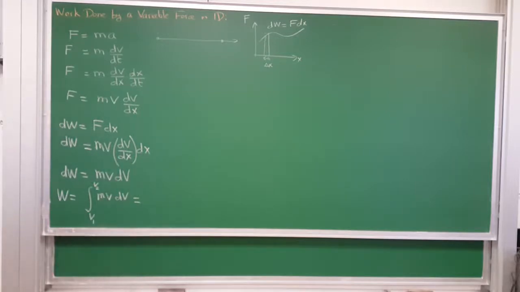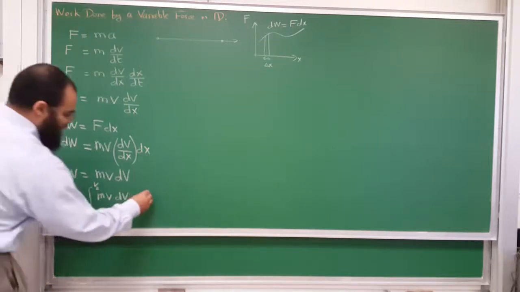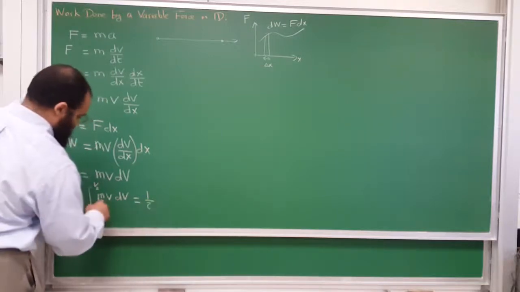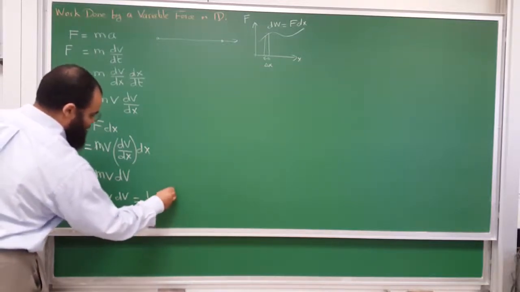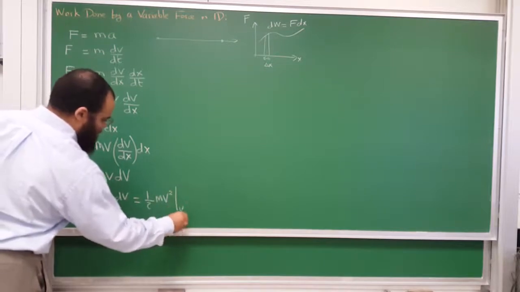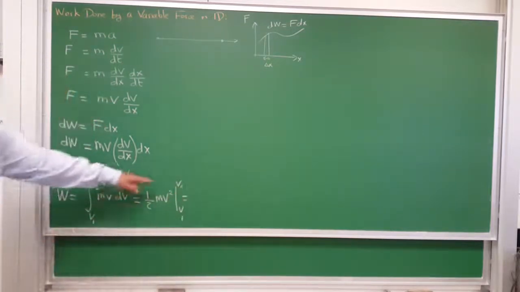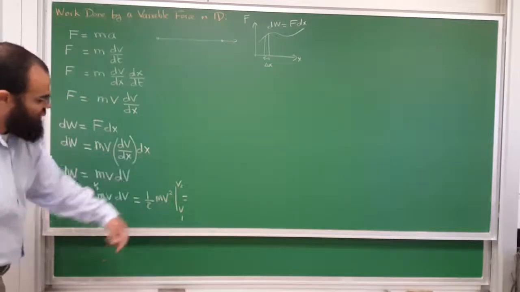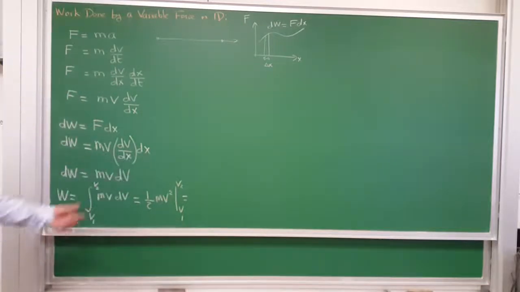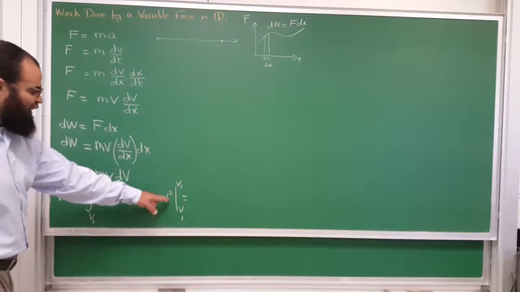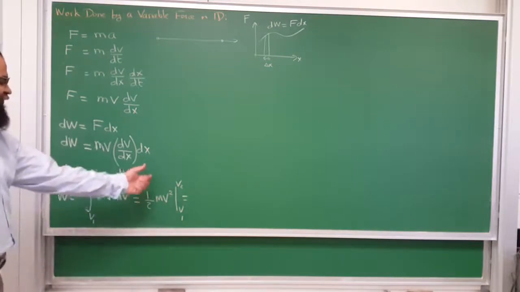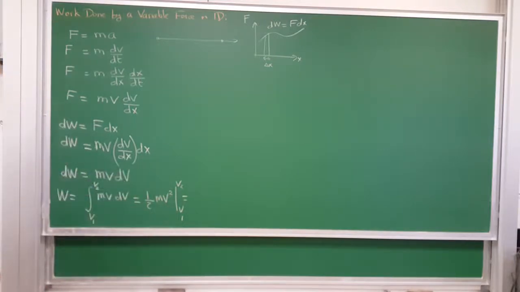I'm not assuming it's constant. So what's the integral of this? Well, the integral of v dv will be just 1/2 of v squared. So this becomes 1/2 mv squared from v1 to v2. You substitute the v at the upper limit and then minus the lower limit, so it becomes 1/2 mv2 squared minus 1/2 mv1 squared.